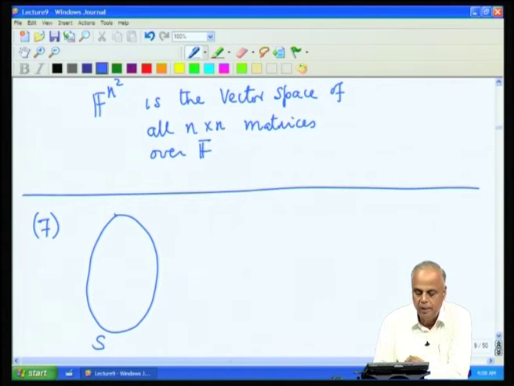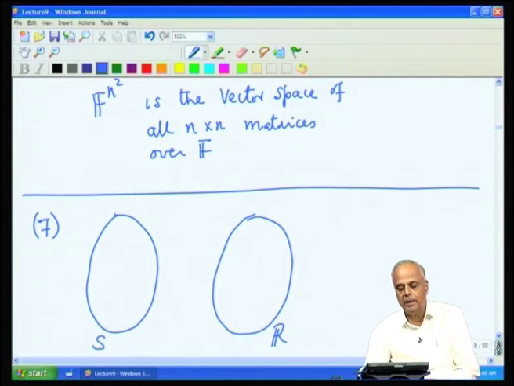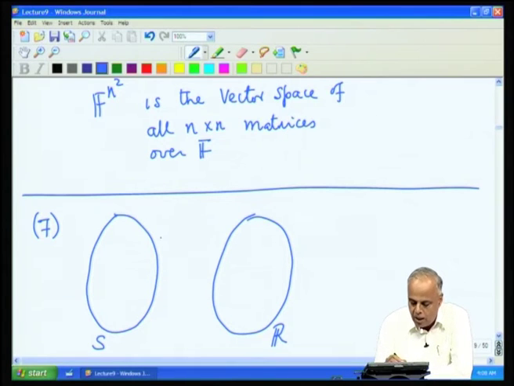So, S is an arbitrary non-empty set, and let us consider the set of real numbers. What is meant by a function from S to R?